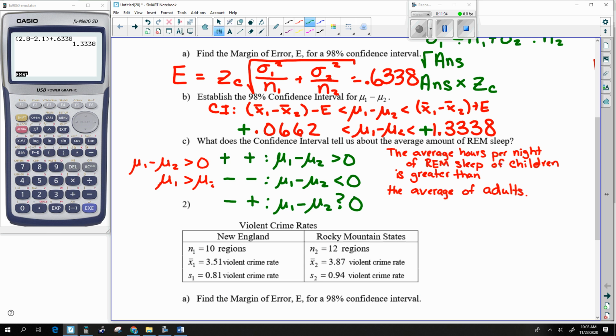And so the words that you say, again, you have to use the word average. So the average of 1 is greater than the average of 2, or the average of 1 is less than the average of 2.